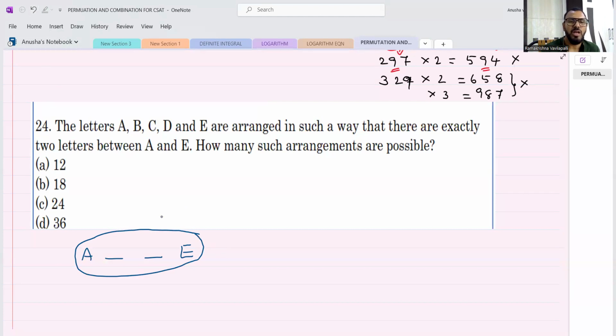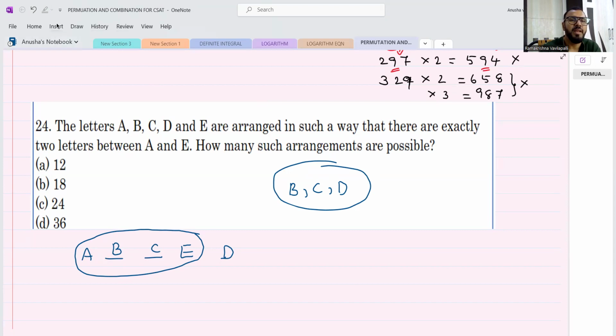Okay. So now we have B, C, and D. From these three letters, pick two letters and put them in these two places. Suppose I take B and C, and here I'll write D. I list out these possible cases.